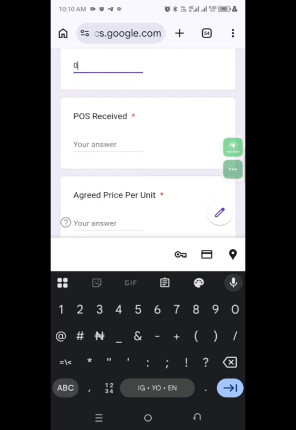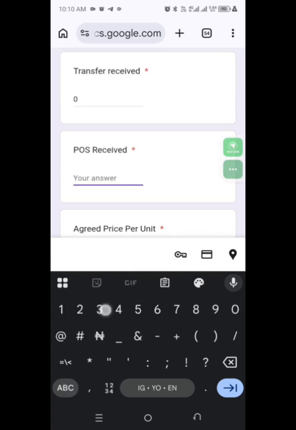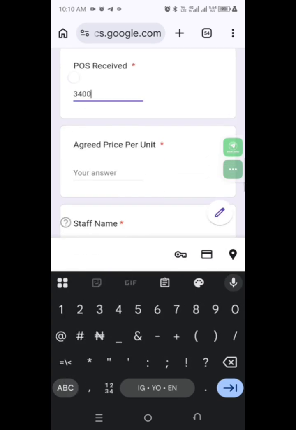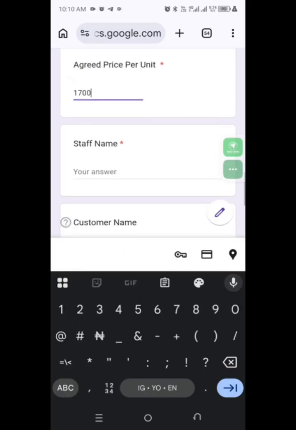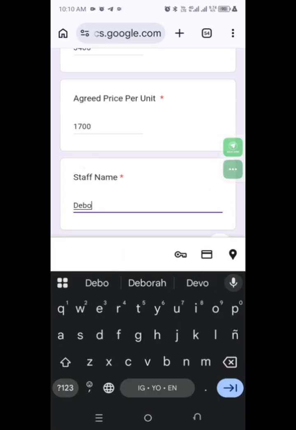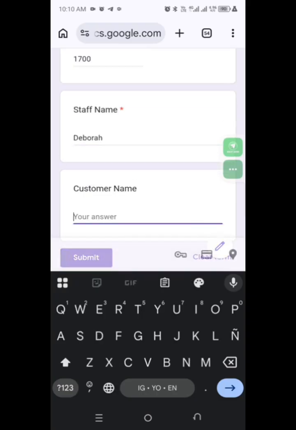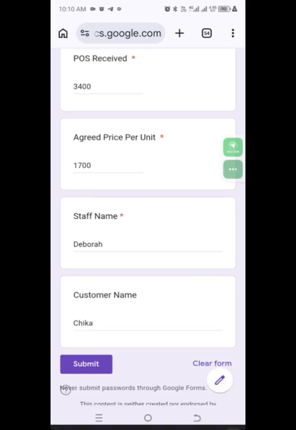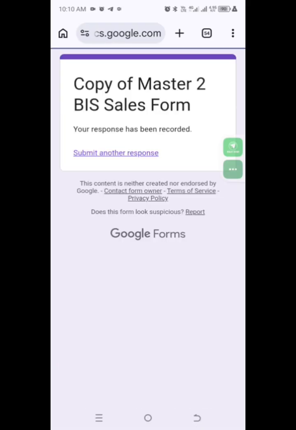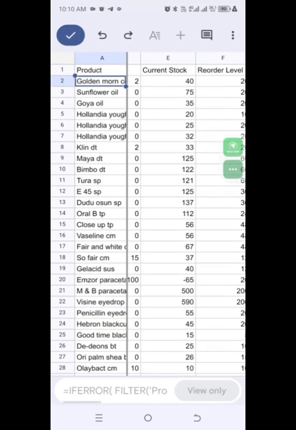So we received 3,400 through POS this time around. Agreed price is 1,700. Our staff name is Deborah and customer name is Checker. Okay, we submit. I want you to see what that will reflect in our listing.